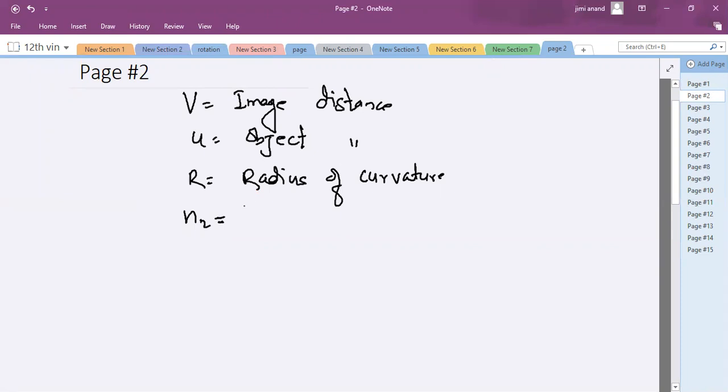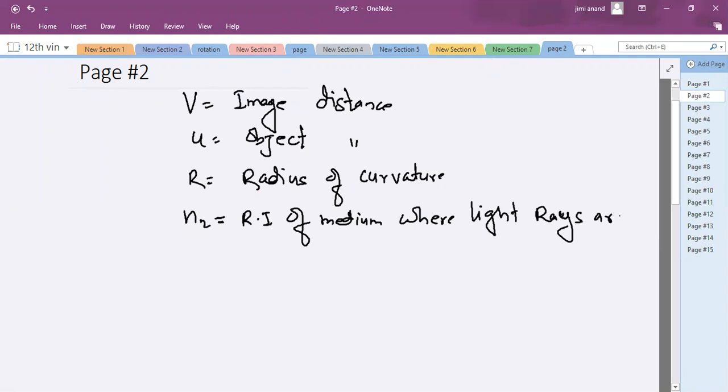N2 is the refractive index of the medium where the light rays are going.